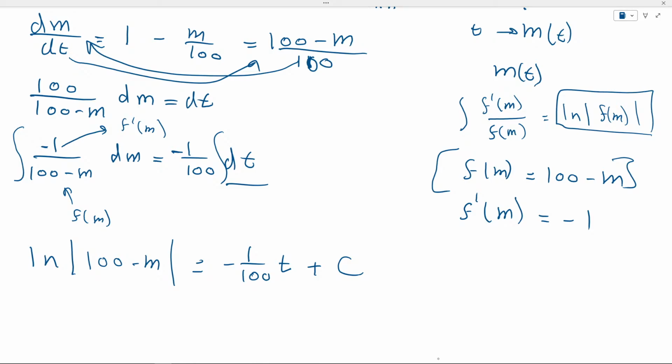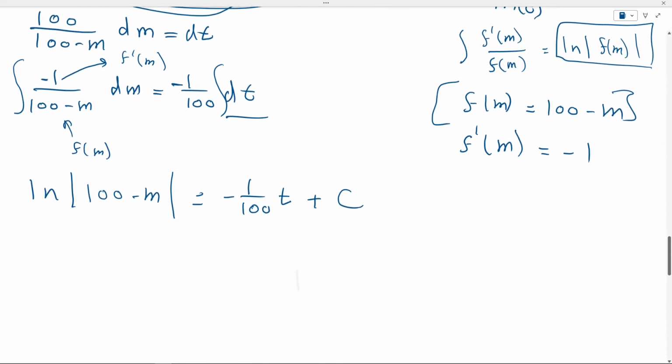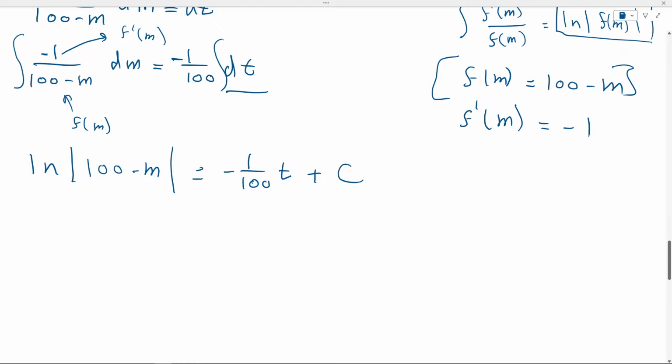So I think I'm good. I have an equation. I know that I don't like to see this as an ln. We usually like to see this as an exponential function, not as a log function. So I raise both sides to e.